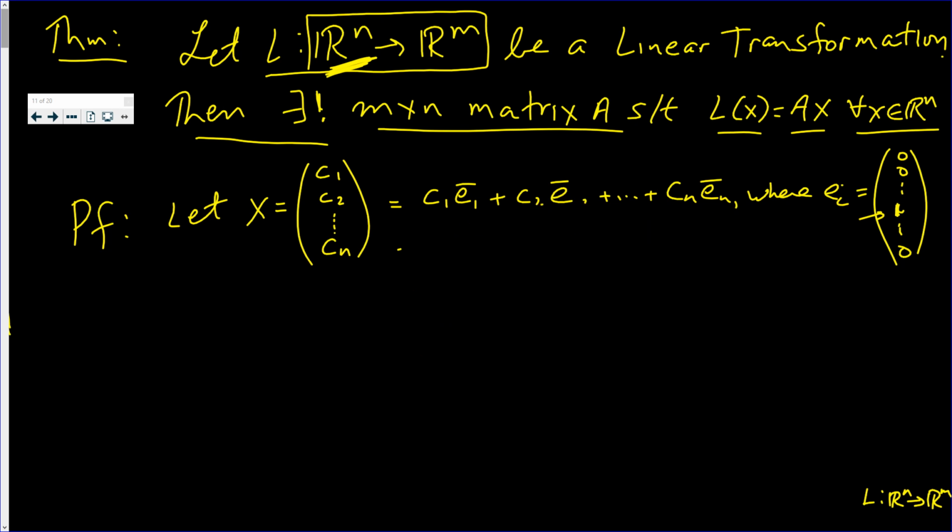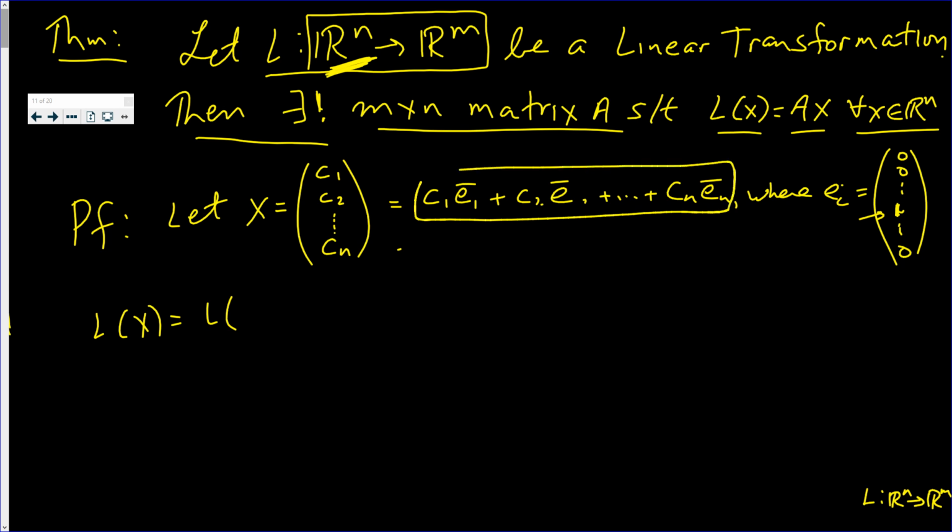Okay. So now, what is L of x? Well, L of x is L of anything that equals x. And this equals x. So it's L of C1 times vector E1 plus C2 E sub 2 all the way down to C sub n E sub n.